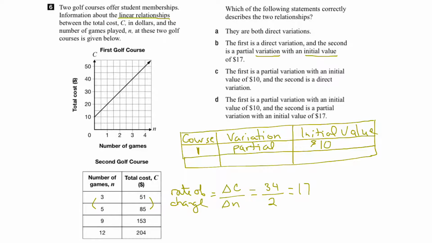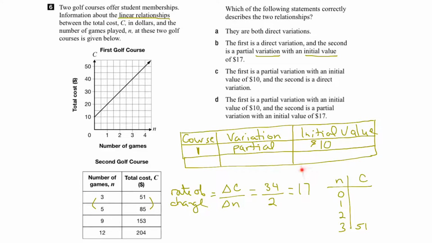So how do we use this information to determine if it's partial or direct variation and the initial value? Well, we could draw a grid here, again, that looks at the total cost and the number of games played, and start by adding values like 0, 1, 2, and 3 for the number of games played. We know that the total cost after 3 games is $51, so let's add that to our table. So after 3 games, total cost $51.